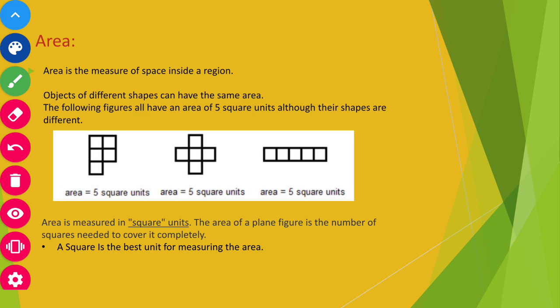Area is a measure of the space which is inside a region. You may see, children, different shapes can have the same area. Let's see some examples here. Here the area is 5 square units, although the shapes are different.